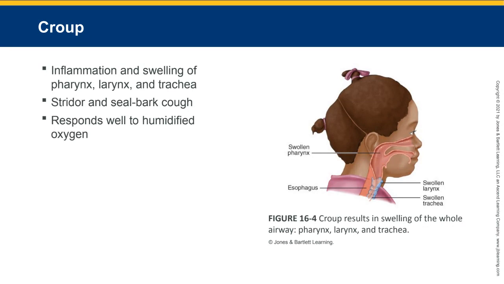If mucus or secretions dry out, they become very thick and it's difficult for the patient to clear. Humidified oxygen moistens the secretions, helps to loosen them up, and sometimes they even cough it up. So remember that. Humidified oxygen is going to be beneficial to these patients.